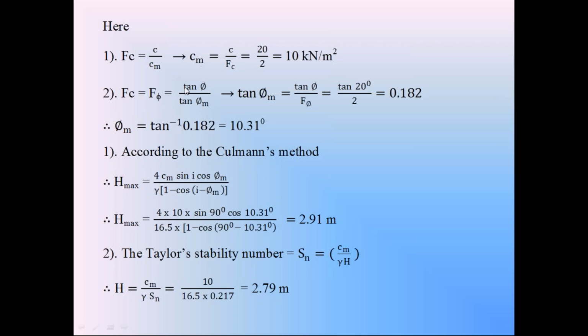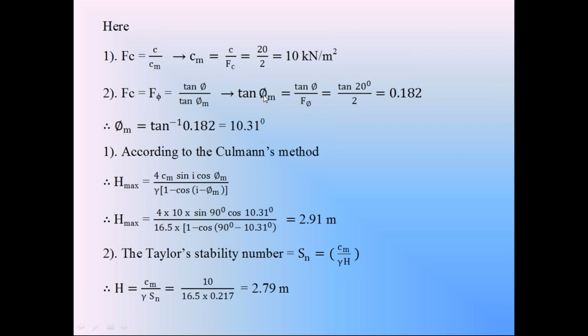From this equation, tan phi m is equal to tan phi divided by Fphi. In the problem, they gave phi value 20 degrees, so it is tan 20 degrees by 2.